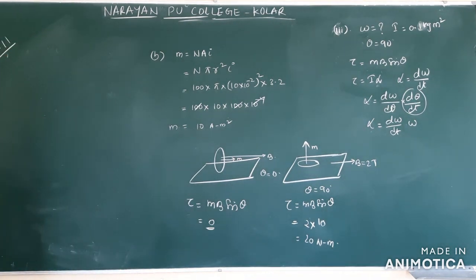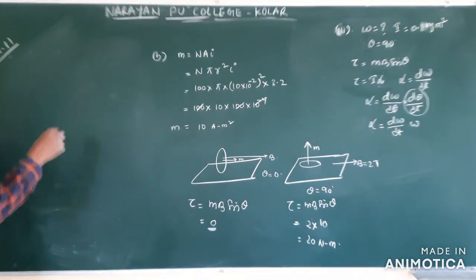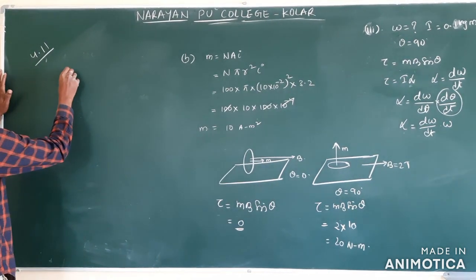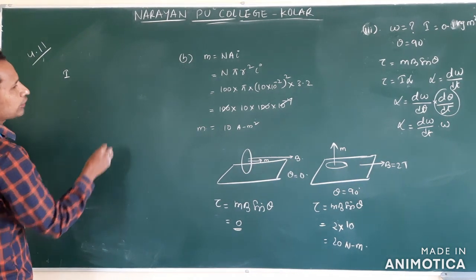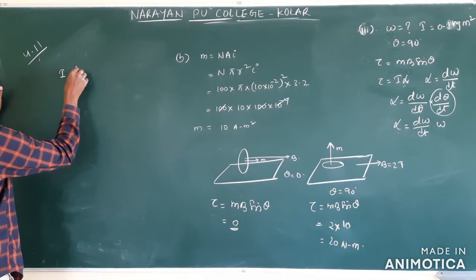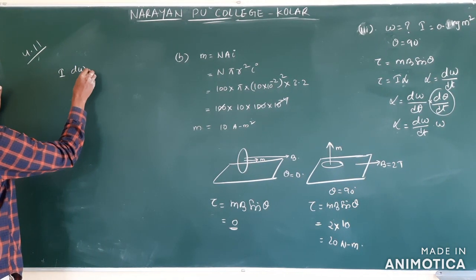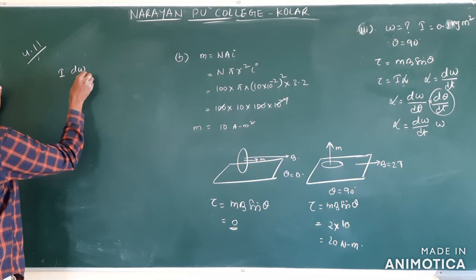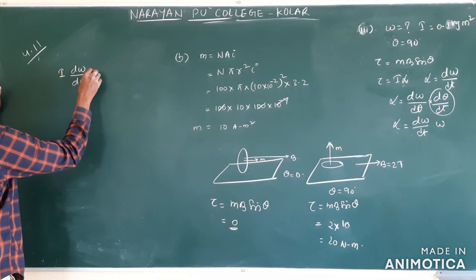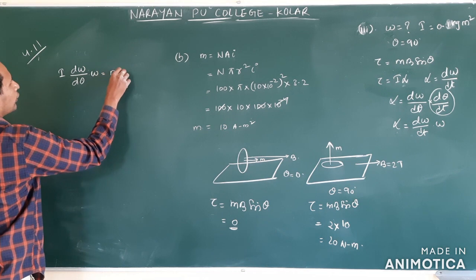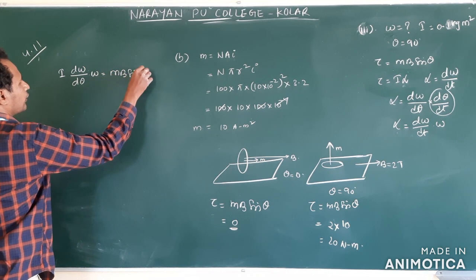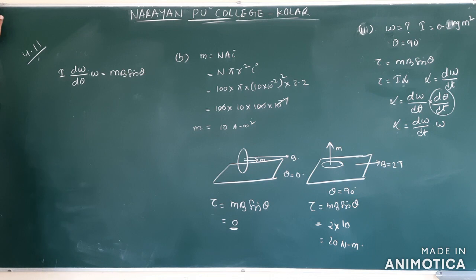Now I am substituting in that formula. I alpha is what? I into d omega by dt into omega is equal to mB sin theta. Clear?